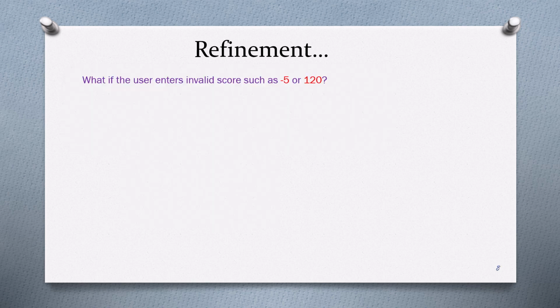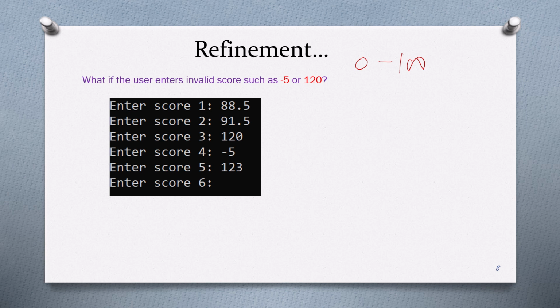Next one. Now what if the user enters an invalid score? What if the user enters such as -5 and 120? These values are of course invalid, because a valid score is only from 0 to 100, right? If the user entered -5, of course you cannot count that value. So how do you refine the program?